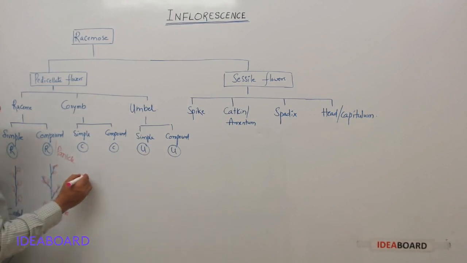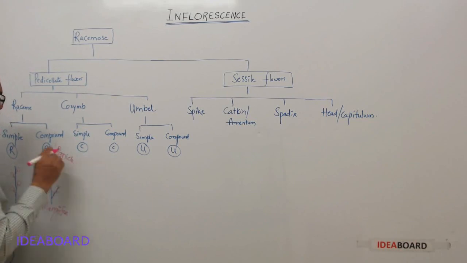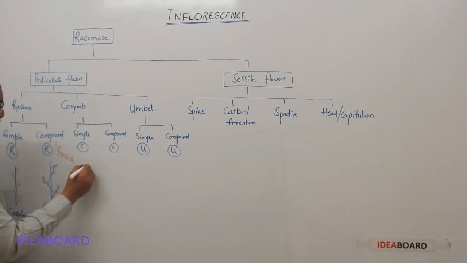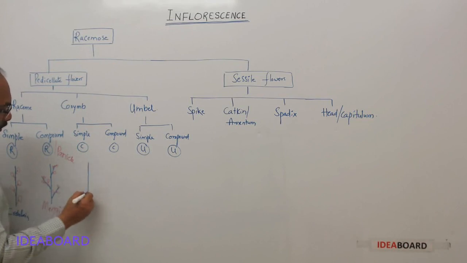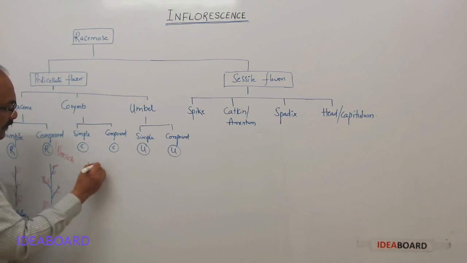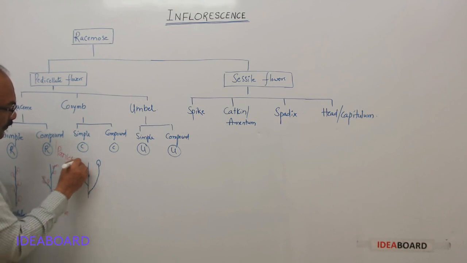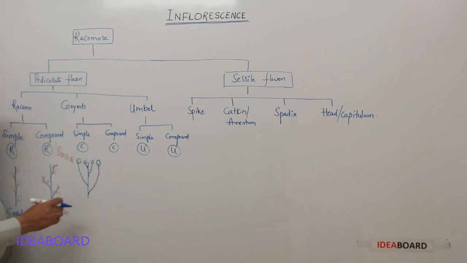And in corymb, you will find what? Like this, peduncle. These are bracts, and you can see the flowers arise acropetally. This is the first flower, second flower, third flower, fourth flower, acropetal arrangement.